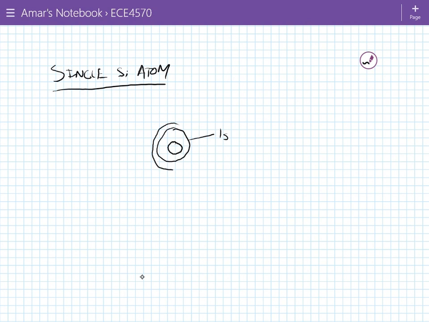We also have the 2s orbital. Then the 2p orbitals look something like this. Dumbbell-shaped ones. And the 3s and 3p start to overlap with some of those.